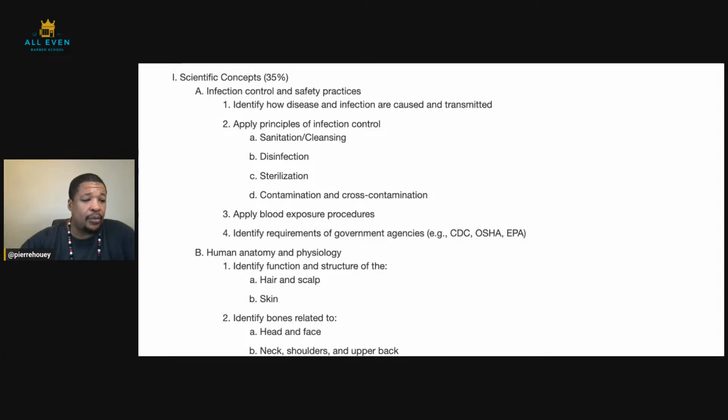And again, non-porous means it's not going to absorb the liquid. 2, always wear gloves and safety glasses when handling disinfectant solutions. 3, always dilute products according to the instructions on the product label. If they tell you not to dilute it, don't dilute it. Especially in front of a proctor or an inspector.